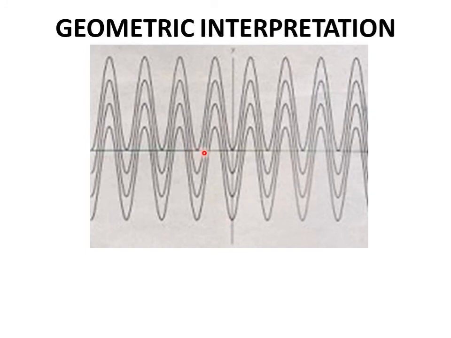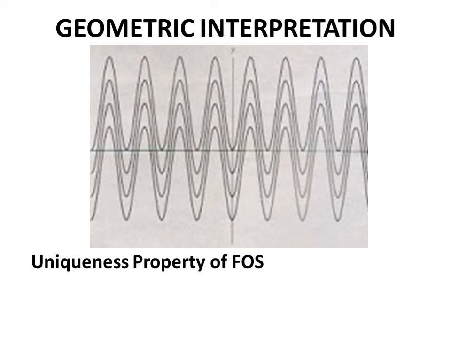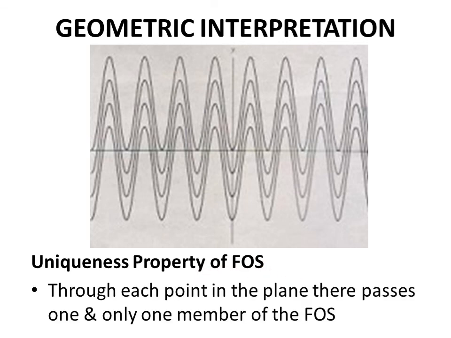Now, this is the plot of the multiple solutions to the first order differential equation given in the previous slide. In this plot, each curve represents a solution. Based on this plot, we have the following uniqueness property of families of solutions for a first order differential equation.